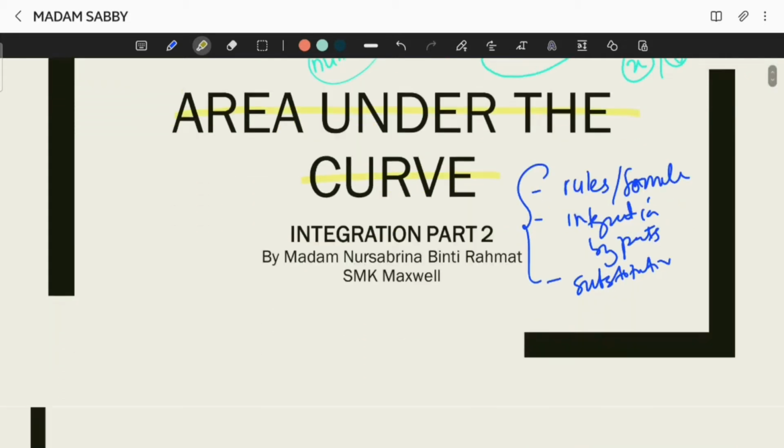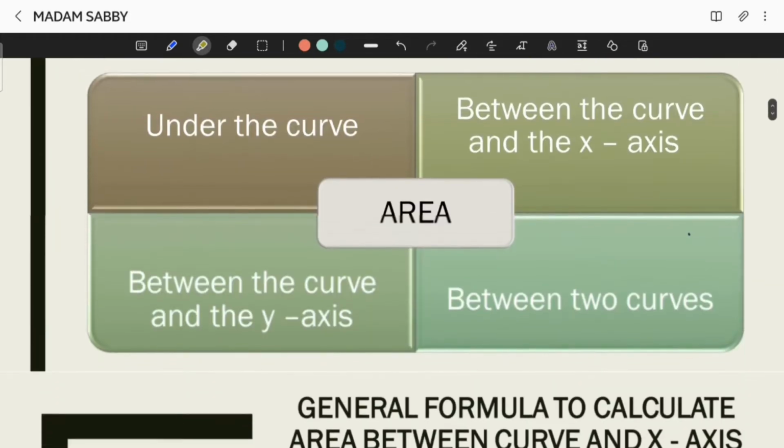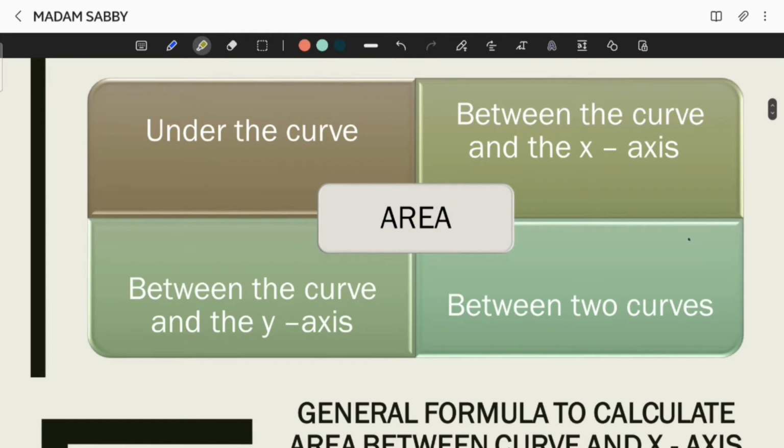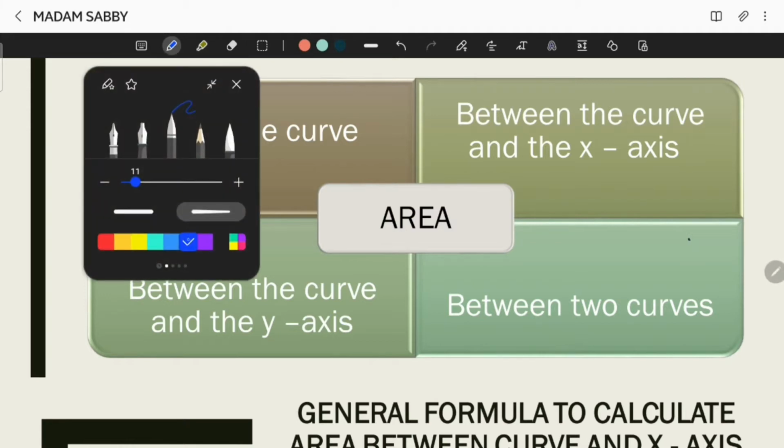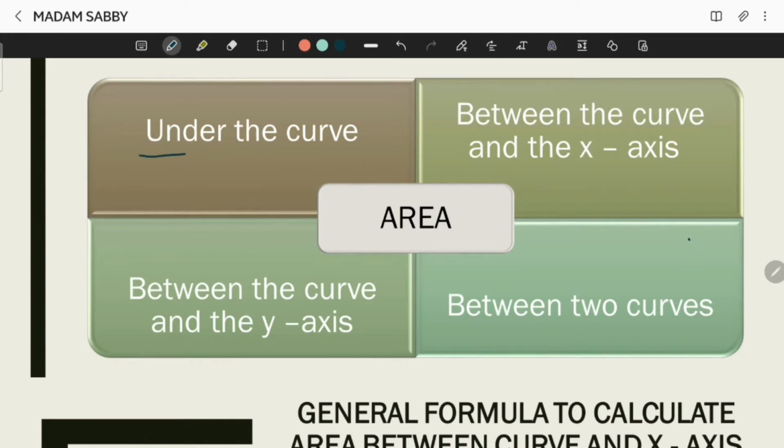For area, we will come to several types of questions regarding the area in integration. The first one is the basic one that everyone needs to know, which is to find the area under the curve. There are two possibilities: either the curve is on the x-axis or the curve is on the y-axis.